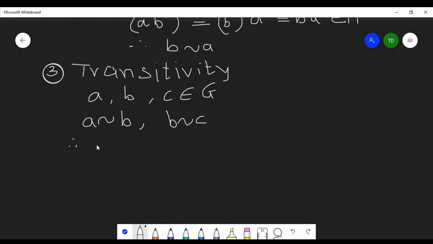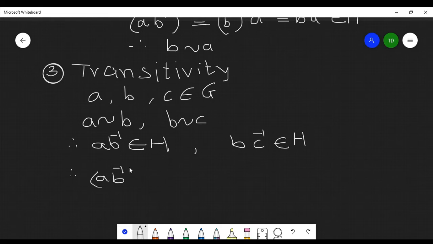So this means A into B inverse is a member of H. Same way, B into C inverse is a member of H. H being a subgroup, I can operate the elements, and I know by closure that AB inverse into BC inverse has to be in H. It belongs to H. So let me simplify it further.